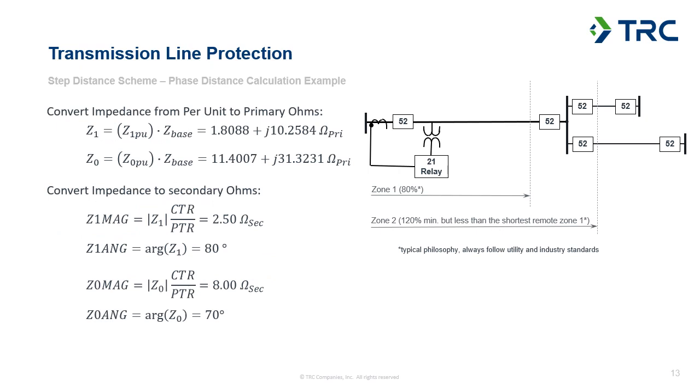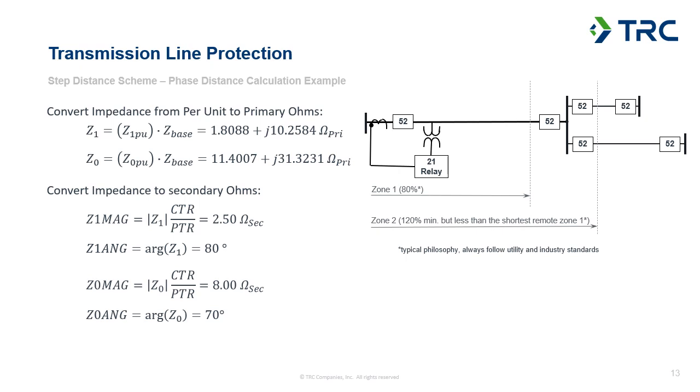I've shown that calculation here, basically taking that per unit quantity and using Z base to convert it into an impedance quantity in primary ohms. And then those values can be used with the CT ratio and PT ratio to calculate the secondary quantities.